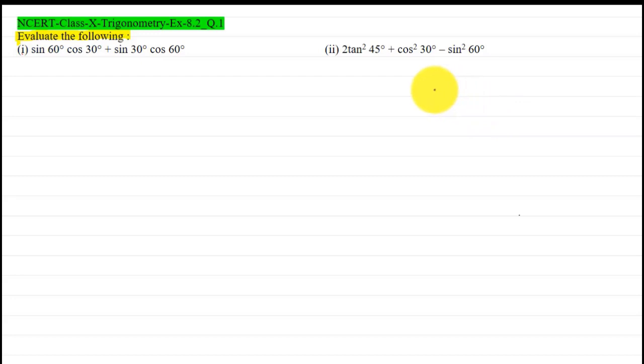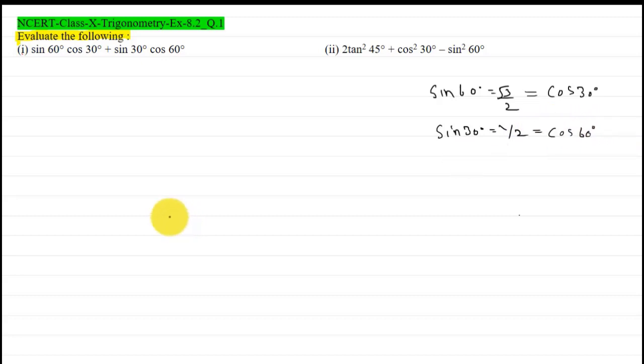First of all we need sin 60 degree, which is equal to root 3 by 2, and that is also equal to cos 30 degree. Similarly we will need sin 30 degree, which is equal to 1 by 2, and this value 1 by 2 is also the value of cos 60 degree.